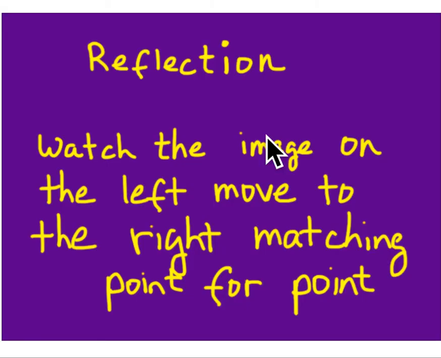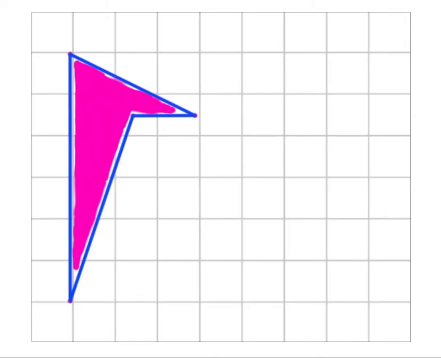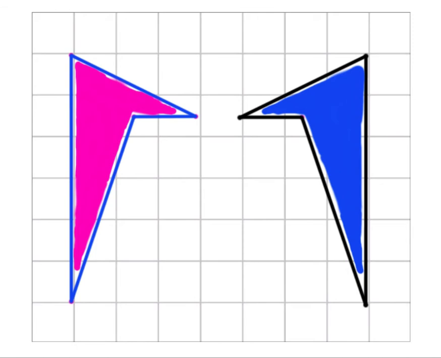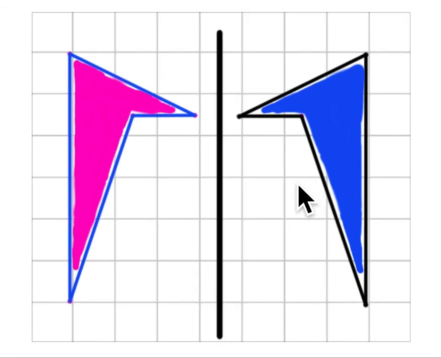A reflection. So you're going to look for a line of reflection, a line over which the image passes or reflects to the other side. So there's the image on the left, image on the right, and that is the line of reflection. So each point moves over this line of reflection to the opposite position on the other side, but a corresponding position.